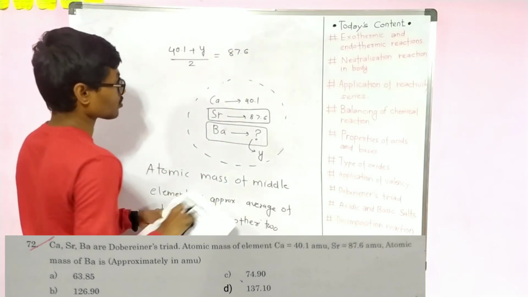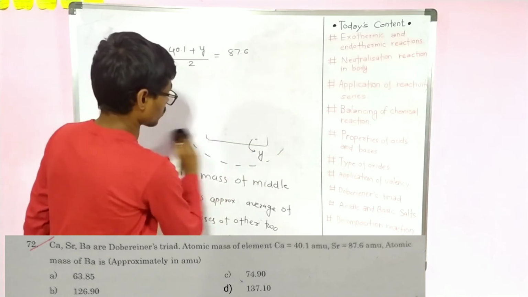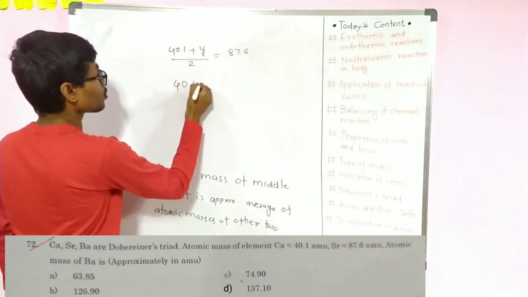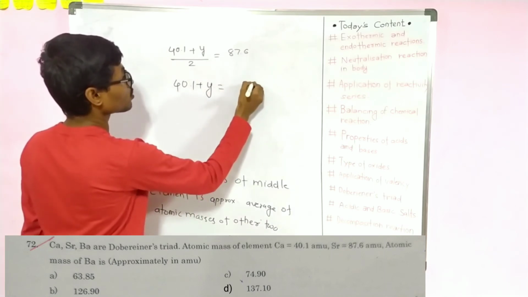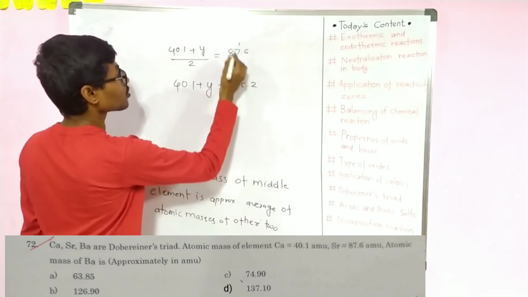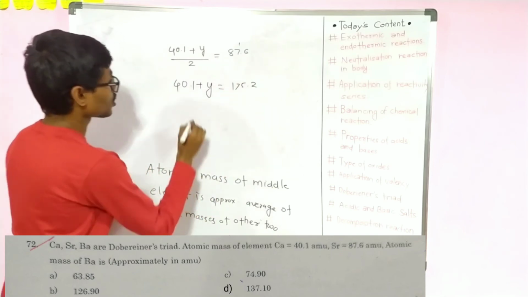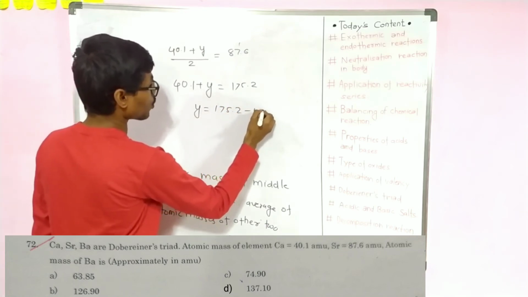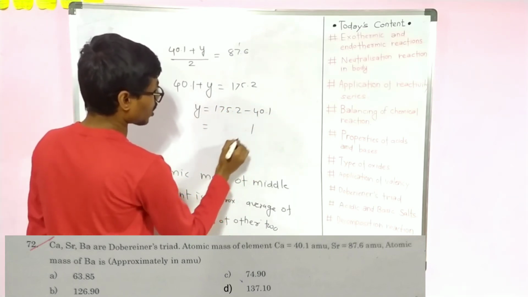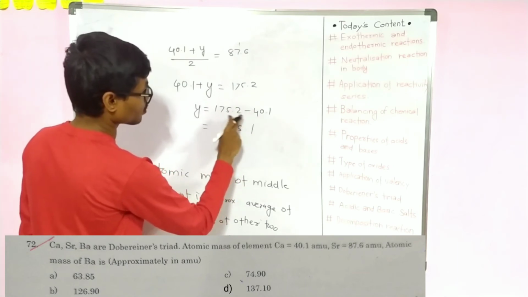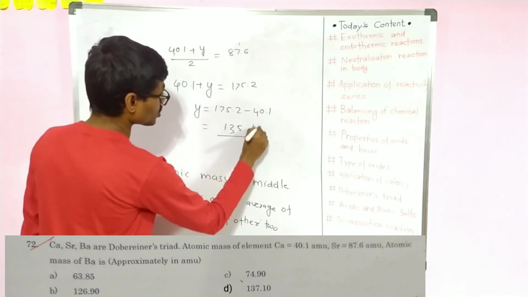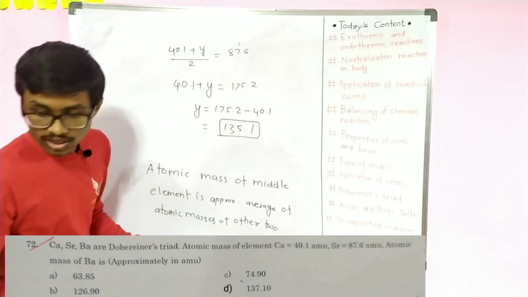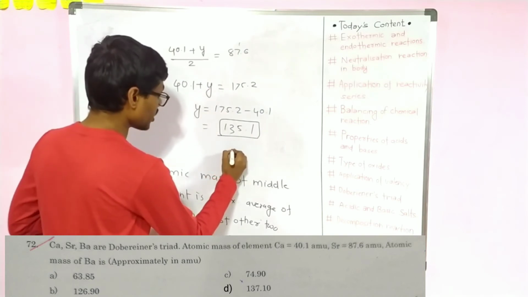So Y would be 175.2 minus 40.1. It comes out to be approximately 135.1.